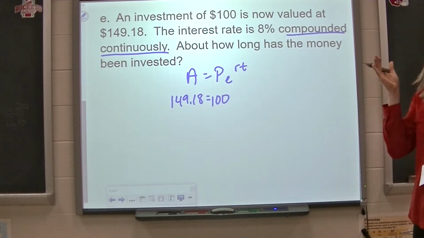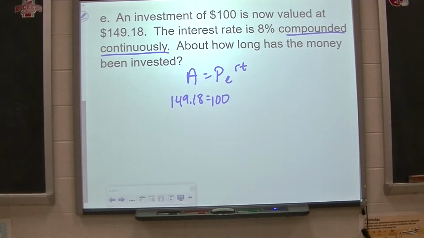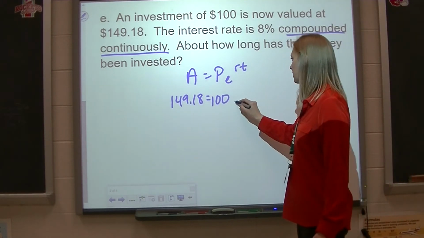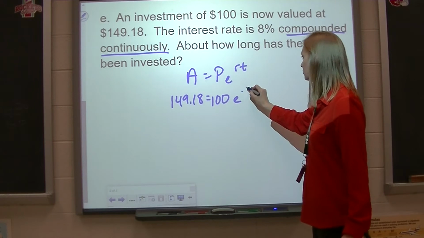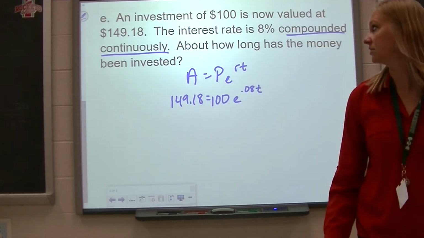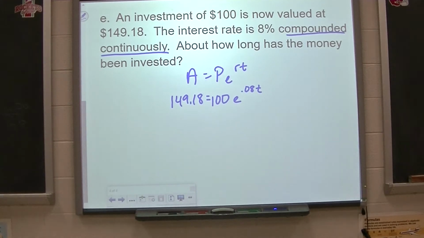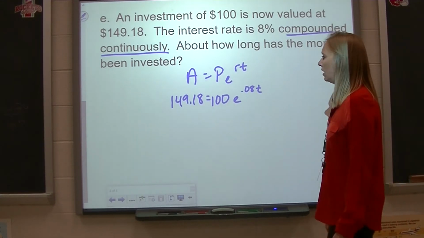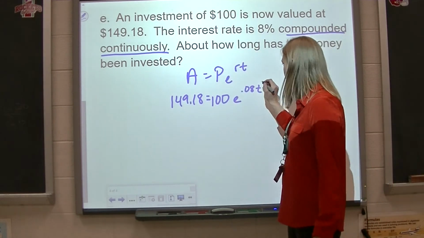After a certain amount of time, we have $149.18. We started with 100. e is still e. The rate is 0.08, and the time is what we need to find because it says how long has the money been invested. Okay, so what we need to do here is solve for t.